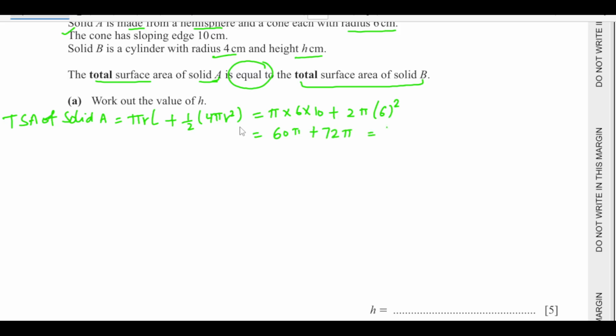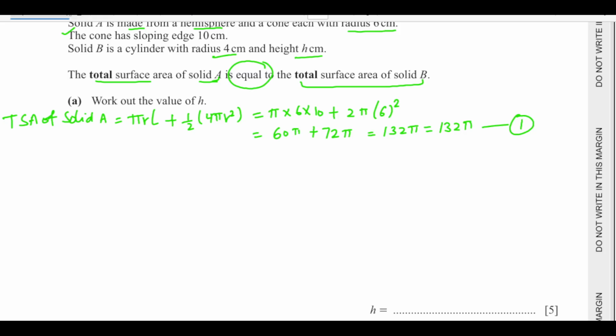So then this is 132 pi. I was going to take pi as 3.14, but I think we should not substitute now, maybe it gets cancelled later. So we'll just leave it like that. This is 132 pi, so let's say this is equation 1.